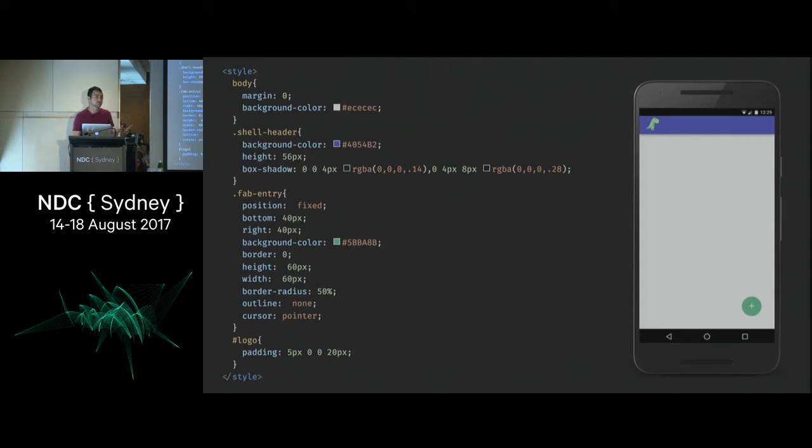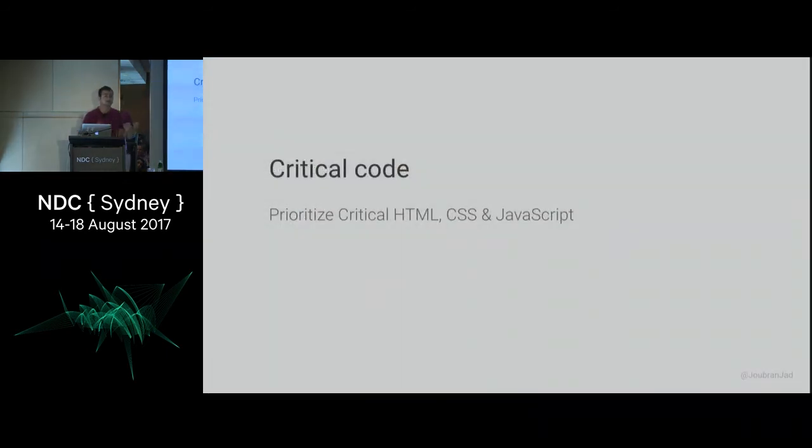But I also want you to think about JavaScript, because sometimes you've got a burger menu that you can see on top of the fold, but if you click on it, it doesn't do anything. That's because the bit of JavaScript for this element was not prioritized. You had to wait maybe 20 or 30 seconds for this JavaScript to run. So make sure to always think about prioritizing critical HTML, CSS, and also JavaScript.